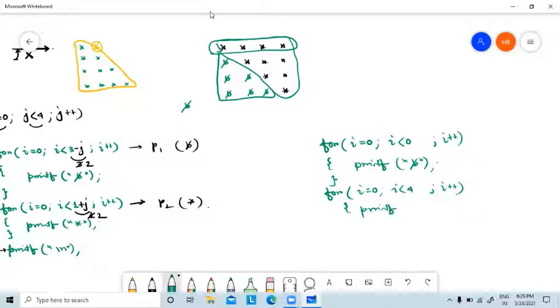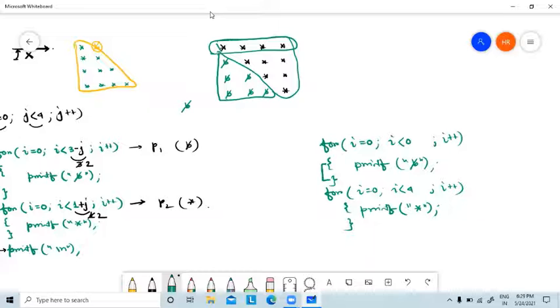Now I always use the brackets. But in case of a single statement inside a for loop, if you write only a single statement, you don't need to write the brackets. But it is a good practice that you should follow, always use the brackets, because if there is more than one statement, then you definitely have to use the brackets.